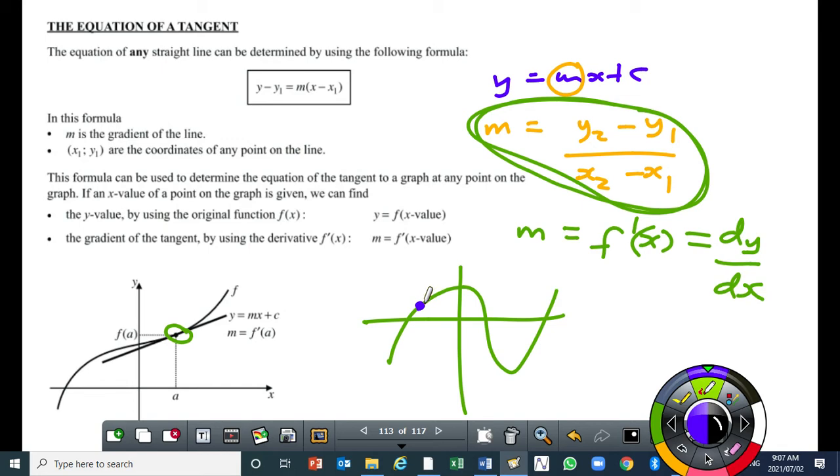If you draw a tangent to this point like that, and we ask you what is the gradient of the tangent, if the gradient of the cubic graph is 2 at that point of contact, it means the gradient of the tangent will also be 2. So at the point of contact, the gradient of the tangent is equivalent to the gradient of the graph.